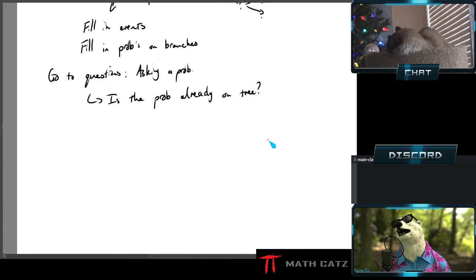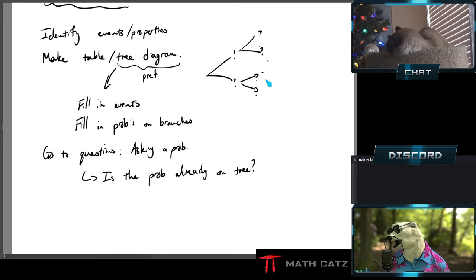If it is, then I'm done. Because I've made my tree and that serves as my work shown, I just write down the answer from the tree and I'm done. So that's the best case scenario: the probability they're asking, I've already done the work by setting up the tree and my work is done.